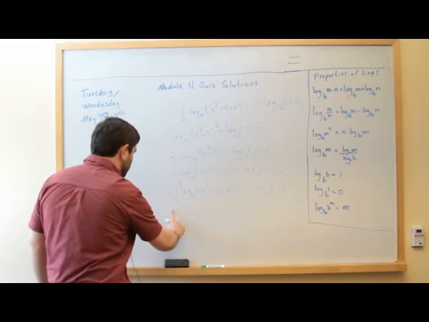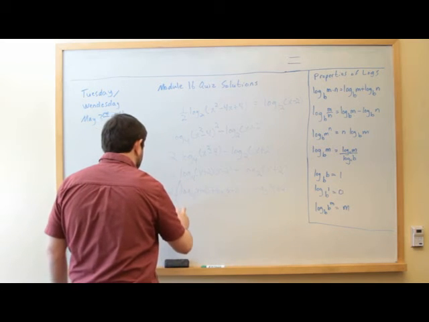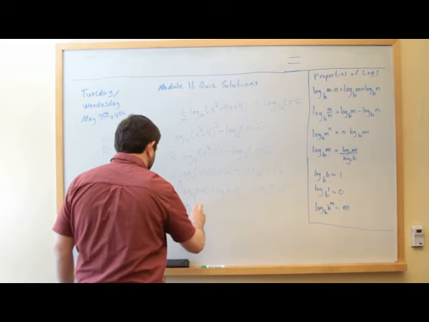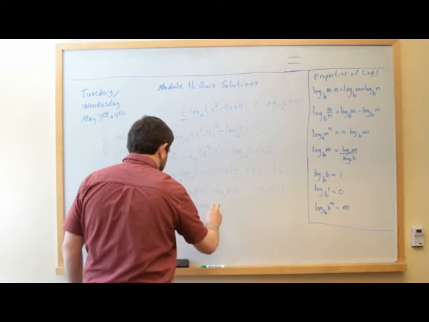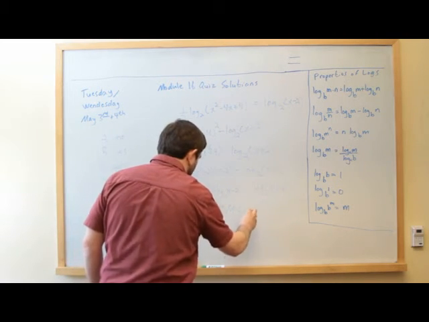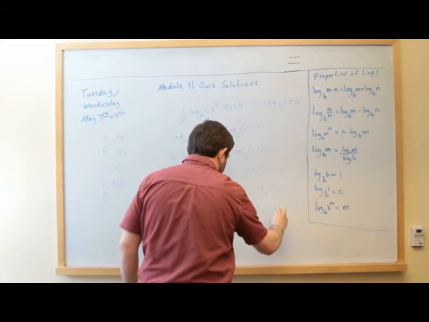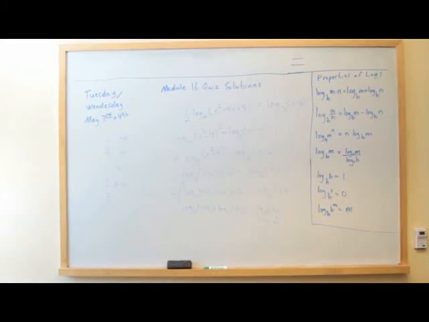So we are going to do the change of base rule. 2 times log base 4 of x plus 2 plus log base 4 of x minus 2 minus log base 4 of x plus 2 divided.